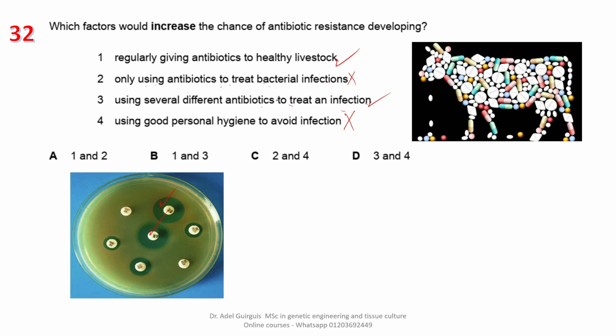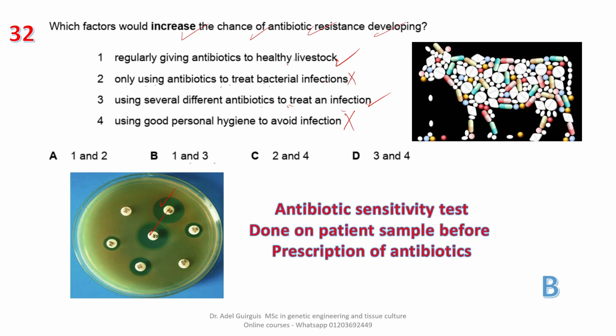So the answer is 1 and 3 together, 1 and 3 are correct. They are increasing the chance of antibiotic resistance developing, like MRSA, for example. So the answer is B. Antibiotic sensitivity test is done on a patient sample at a medical lab before prescription of antibiotics by doctors. Okay.